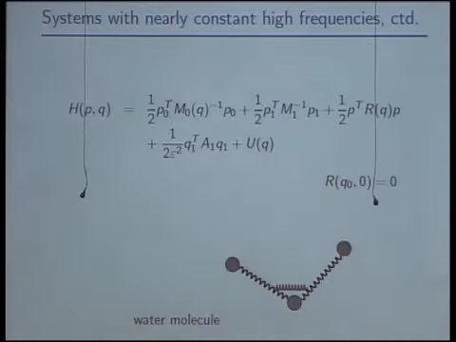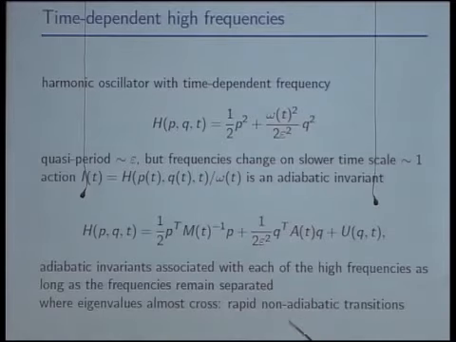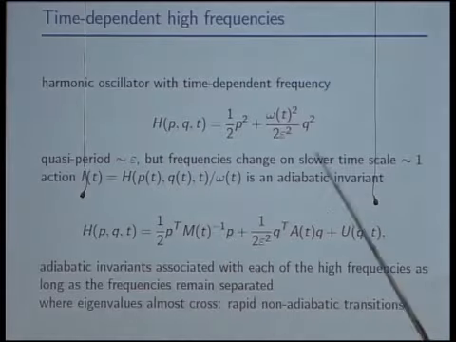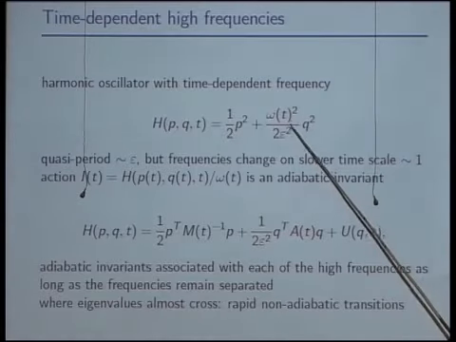Now, the situation is substantially different from a numerical viewpoint if the frequencies depend on time or depend on the solution. Let's first consider the time-dependent case, where the simplest example would be a harmonic oscillator where the frequencies depend on time.